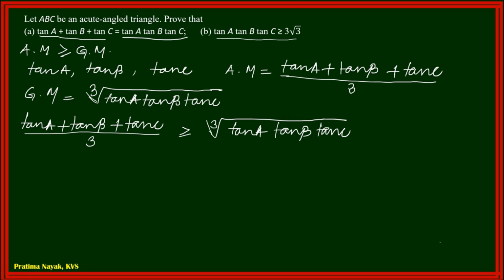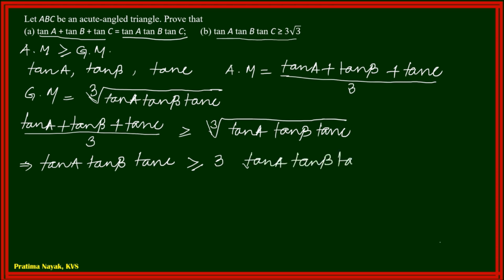Now I can replace this one. This is the same as tan A times tan B times tan C. And 3 I'll shift to the right side. It will be 3 times the cube root of tan A, tan B, tan C.